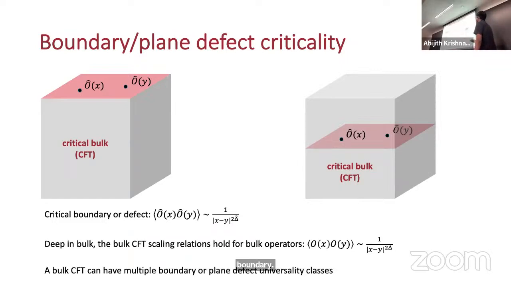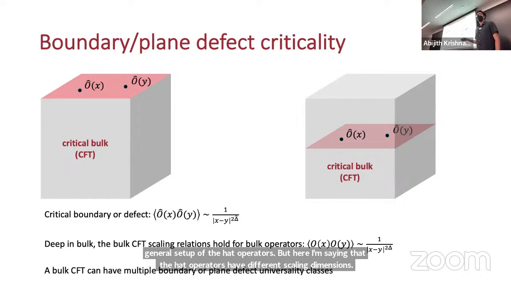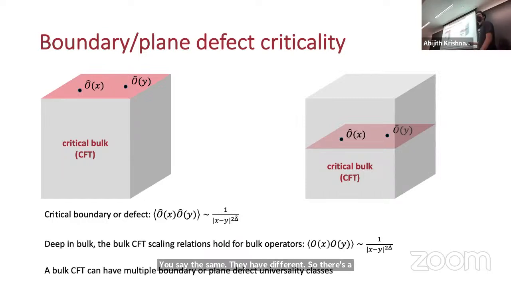So this is just the general setup of the hat operators, but here I'm saying that the hat operators have different scaling dimensions than the operators without a hat. So there's a delta hat here and a delta here.